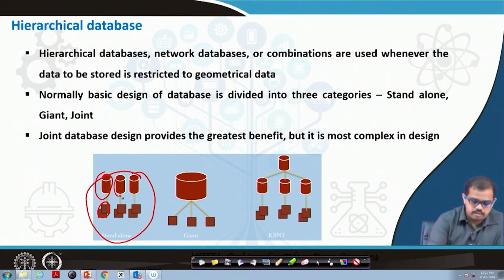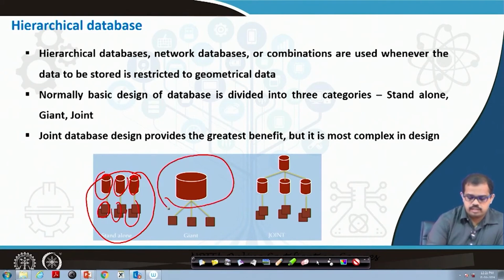You then have another database with another query, and so on. But a giant network is a combination of different entities and relationships in the entire database, with different users accessing it for different purposes.